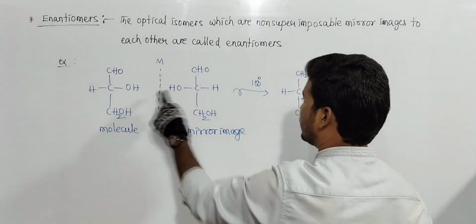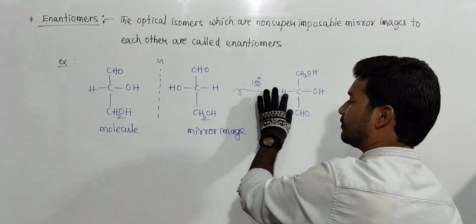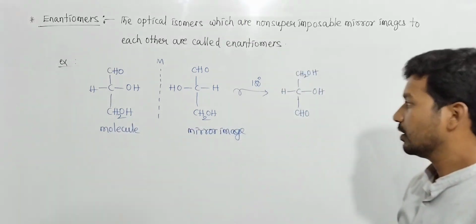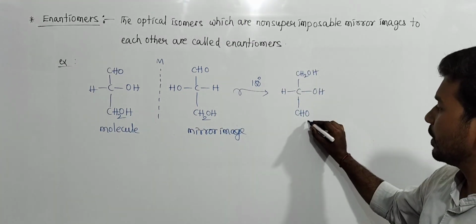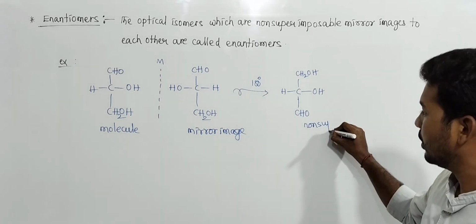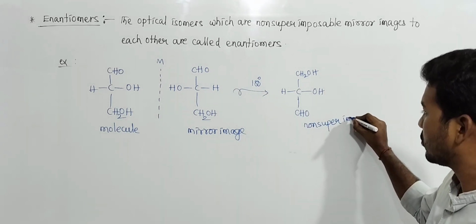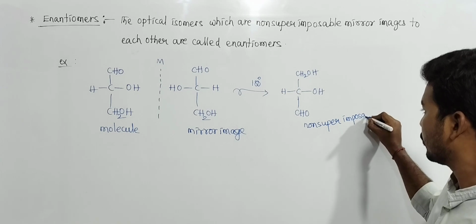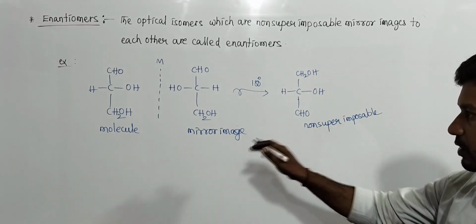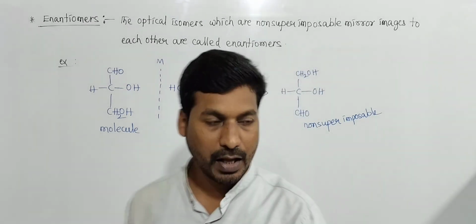Of course, right OH, left H, but here bottom CHO, there bottom CH2OH. Non-superimposable. The mirror image is not superimposable. That's why this is optically active.